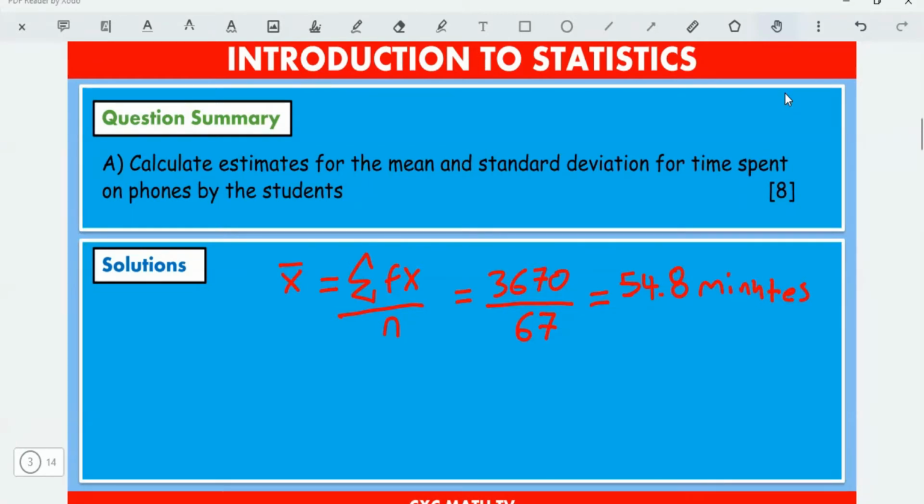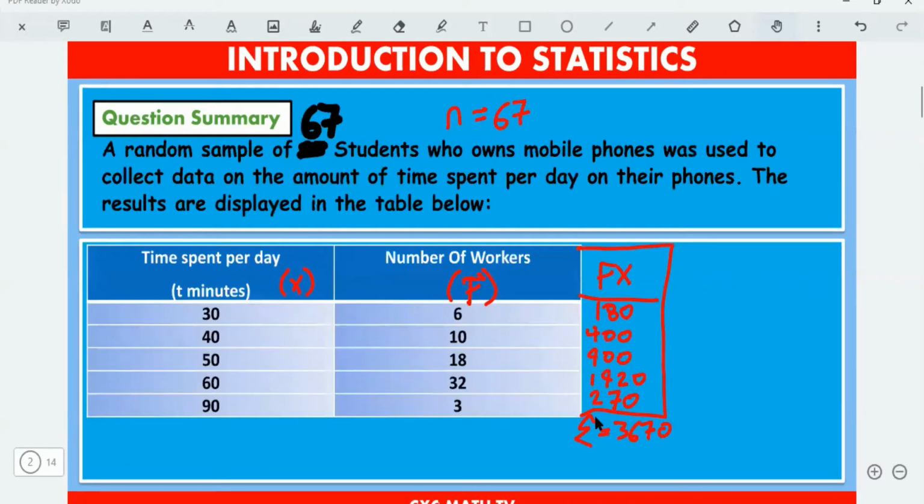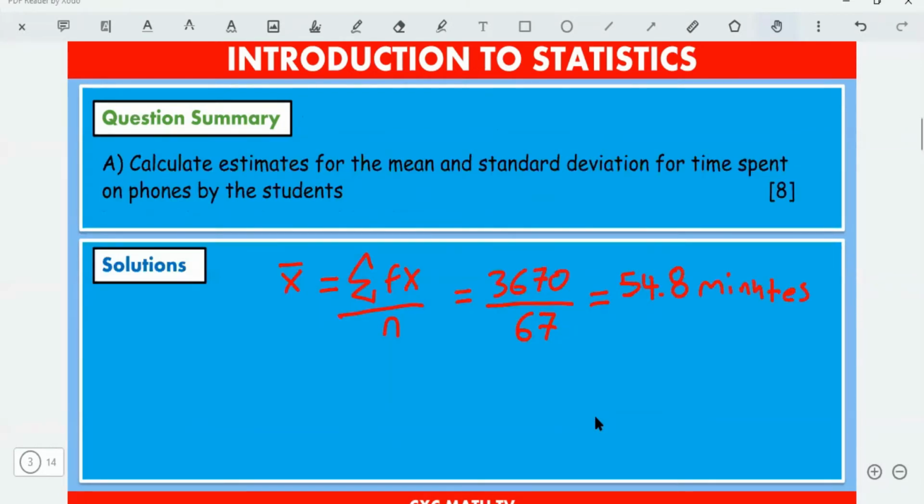Now let's have a look right here. The next part is the standard deviation. Because this is grouped data, we need to remember the formula for standard deviation for grouped data. The formula is S equals the square root of the sum of f times x squared minus the sum of f times x, all squared, divided by n, all over n minus 1.